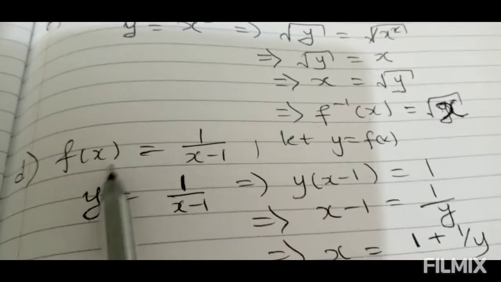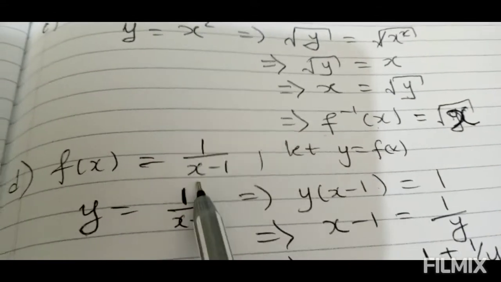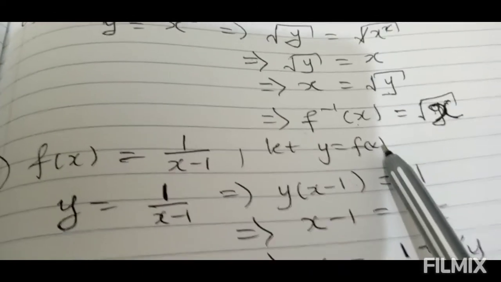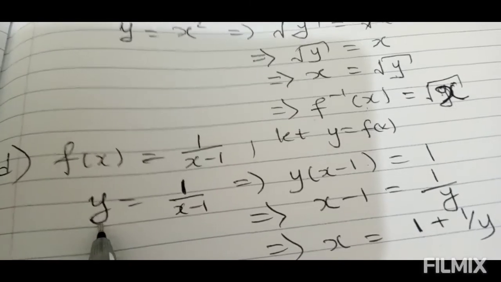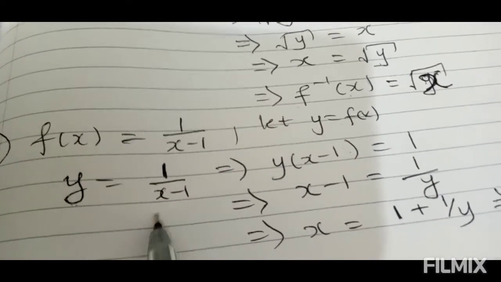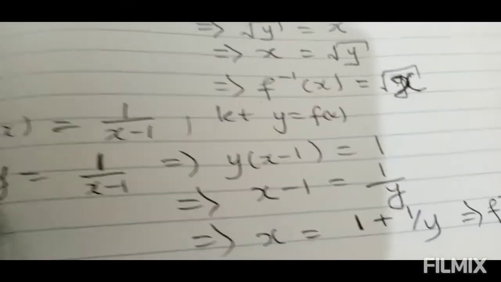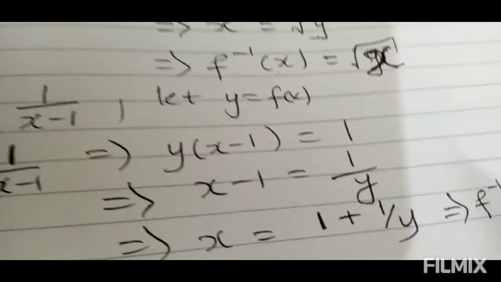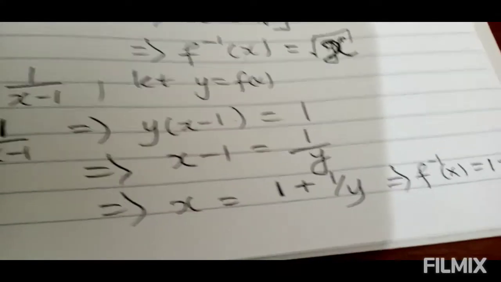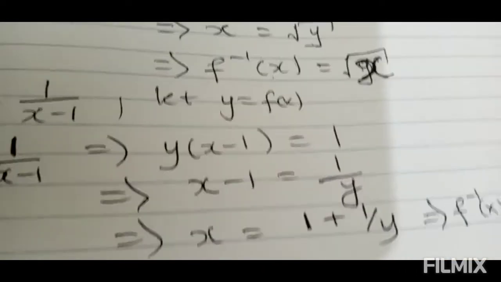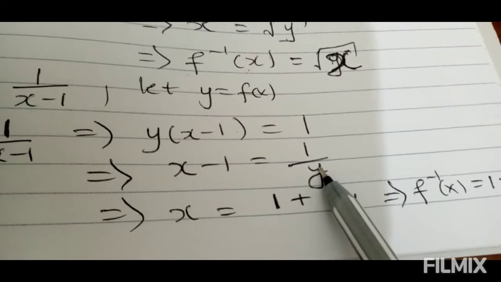Similarly, f of x is equal to 1 over x minus 1. So let y be f of x. So y is equal to 1 over x minus 1. You cross multiply. You're going to have y times x minus 1 is equal to 1. The point here is to make x the subject of the formula. To make x the subject of the formula, you have to divide by y, both sides.